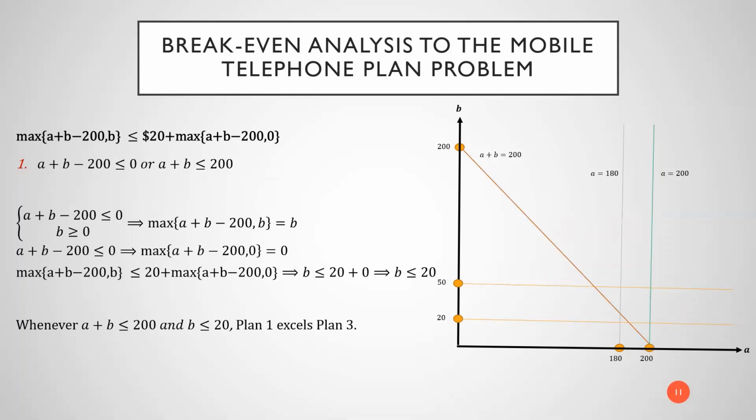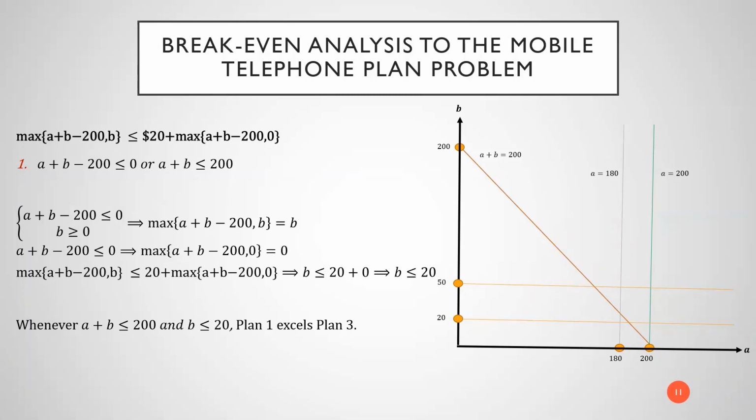In the first one, I consider that A plus B minus 200 is less than or equal to 0, or in other words, A plus B should be less than or equal to 200. In this case, we already know that B is greater than or equal to 0. Also, as discussed, A plus B minus 200 is a negative number, or it can be 0 as well. The maximum of these two values equals B, as you can see.